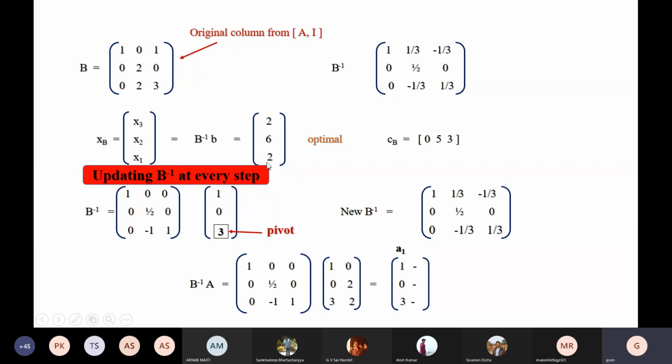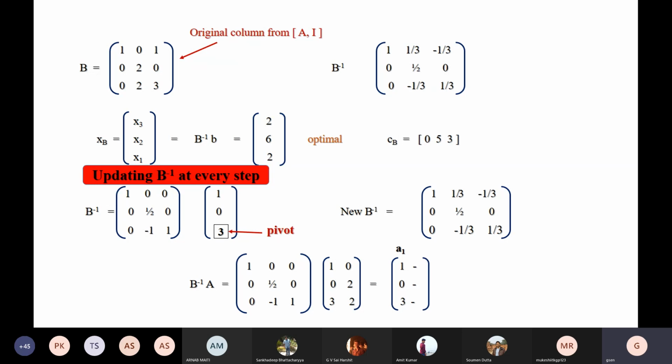This is the augmented solution, and the CB is 0 5 3. If you check the optimality for this solution, it will turn out to be optimal. You check this later on. You look again at the coefficients of the non-basic variables and you will see that all are positive, so you declare this is optimal.